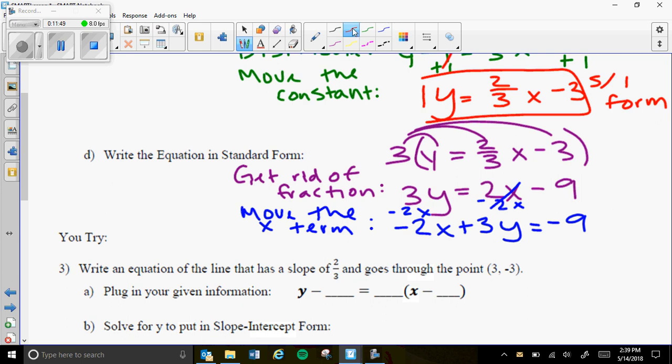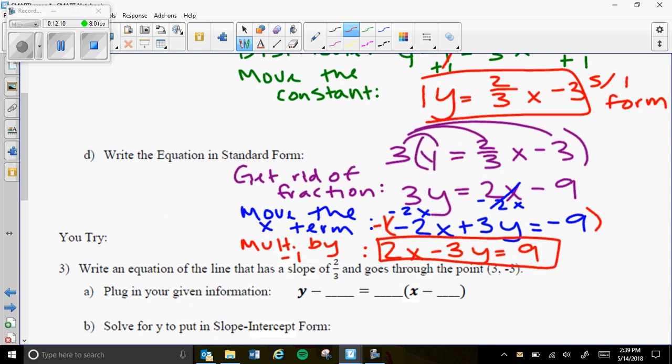And then remember that leading number, a, cannot be negative, so I need to multiply by -1. So I'm going to take this whole group here, multiply by -1 and distribute it, which leaves me with 2x minus 3y equals 9. And this is my standard form.